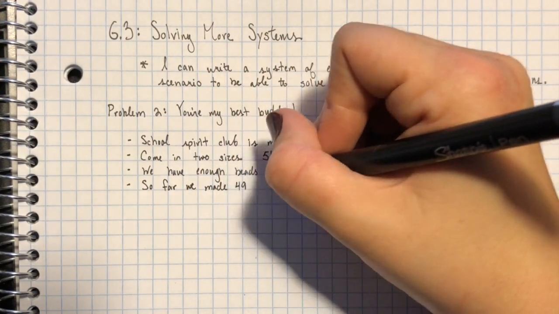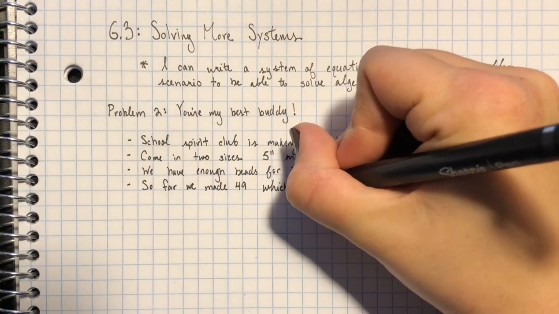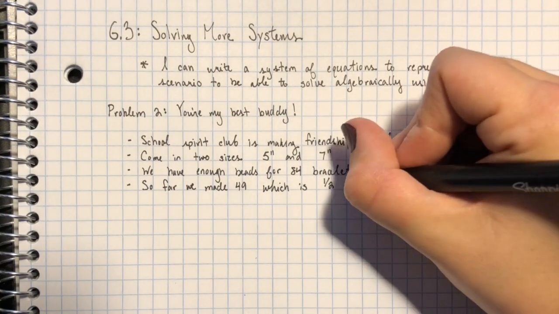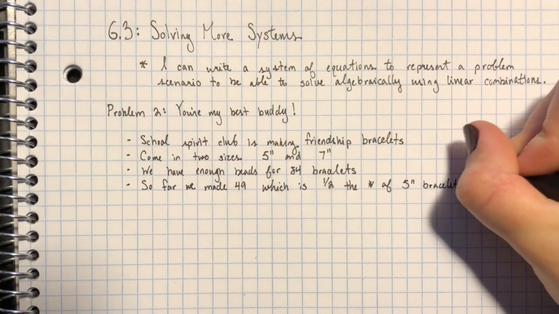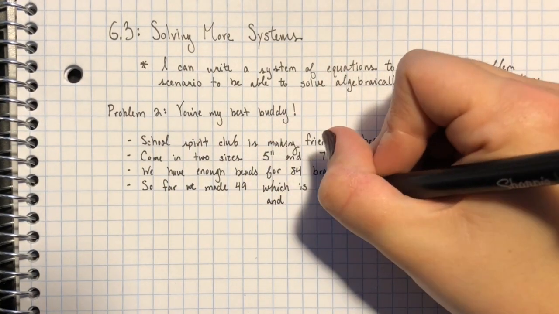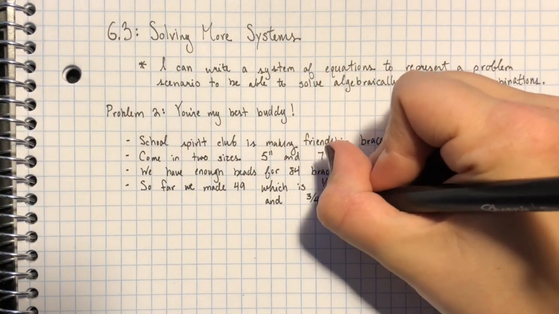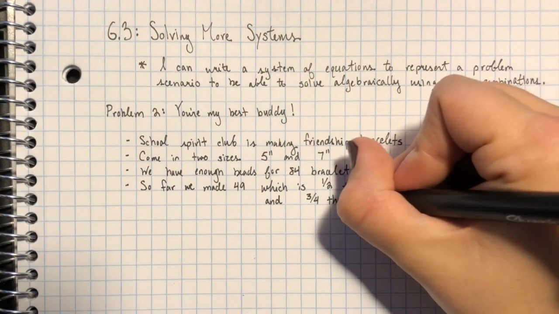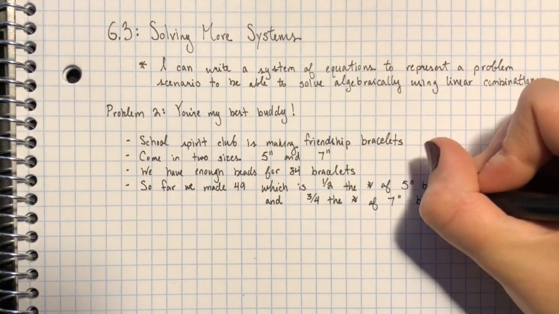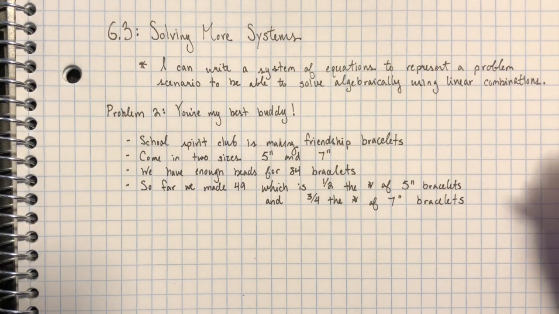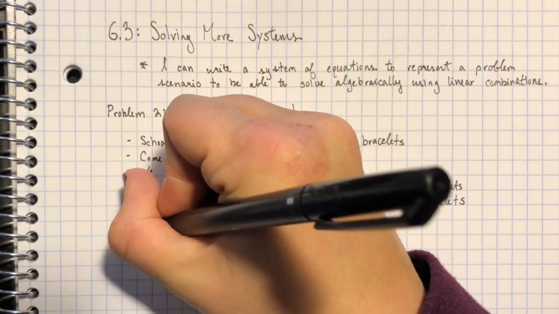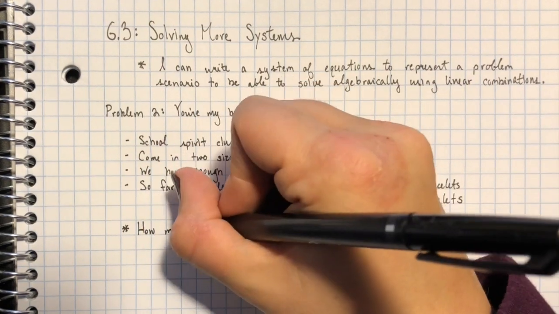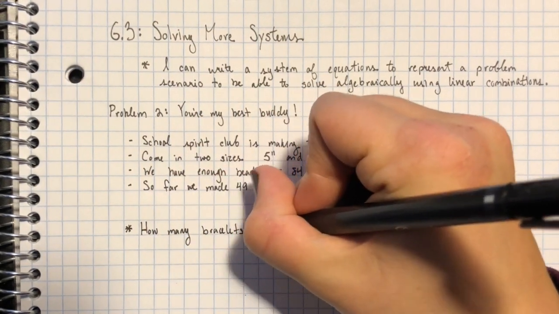We know that we have enough beads to make 84 bracelets total. And so far, we've made 49 bracelets, which is about half the number of 5-inch bracelets we're going to make and 3/4 the number of 7-inch bracelets we're going to make. And obviously, the question is, how many of each type of bracelet can we make?